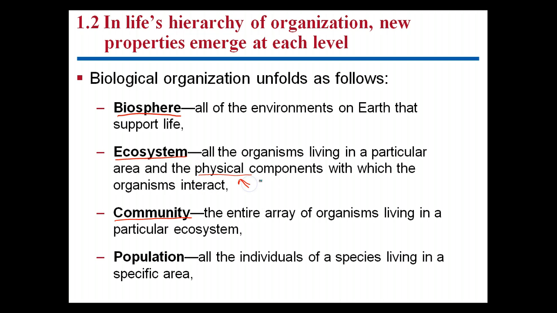That's what you start seeing in an ecosystem, your non-living parts. Community is a whole bunch of different types of organisms. Population is one specific type of species. So here you go: species, array of organisms, bring in the non-living components, and then all of it.